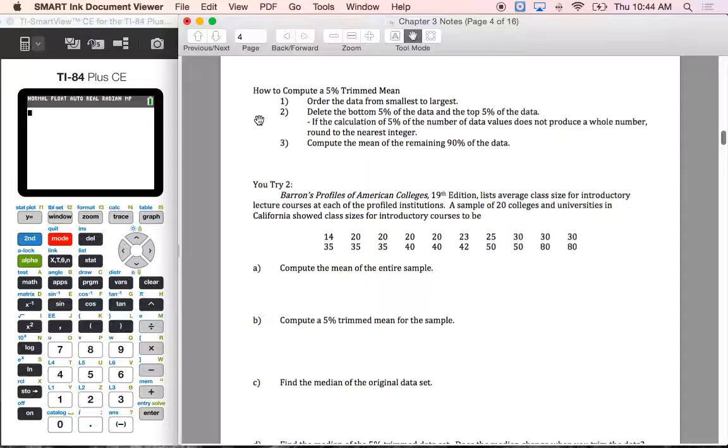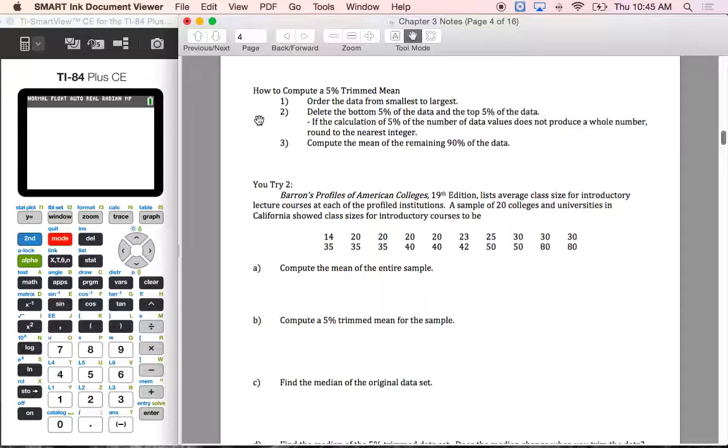So if I look at this You Try It, I'm just going to walk you through some of these. We have 20 colleges and universities in California shown with class sizes for introductory courses to be all those different numbers. But we have 20 of them. Since there are 20 of them, when we find the 5% trimmed mean, we're taking 5% of 20.